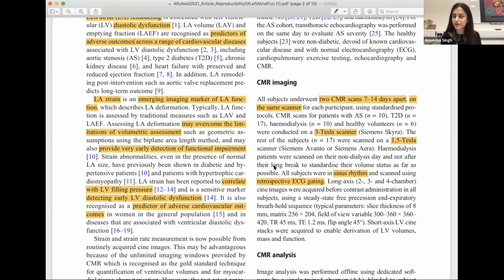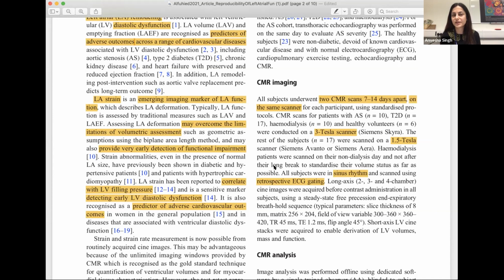There are some differences. Interestingly, we've also found some differences between 1.5T and 3T for LV strain reproducibility. That is a paper our group is currently preparing for publication. We do intend to also look at it for LA strain in a larger cohort once we have the cohort available.